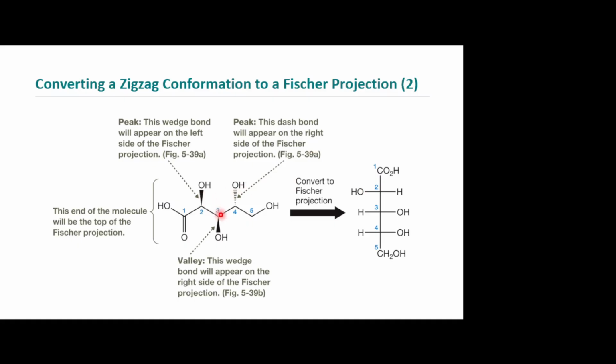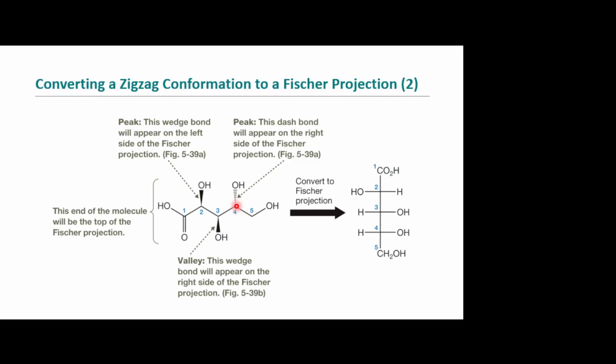When we have the valley, the one that comes out towards us appears on the right side. Peak again. One coming away from us this time, right? If it's coming away from us, then it has to appear on the right side. Okay? Peak, coming towards us, left side. Coming away from us, right side.